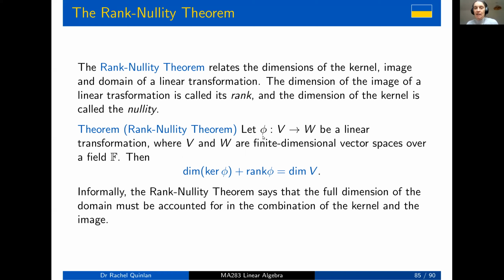So for a start, it's saying that the dimension of the image of phi can be no greater than 5, which is plausible, because if we think about a basis of V of 5 elements, then certainly the images of the 5 basis elements would have to be a spanning set for the image of phi.